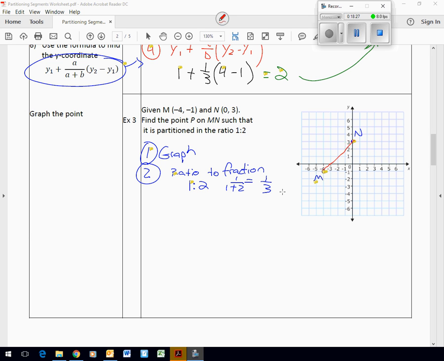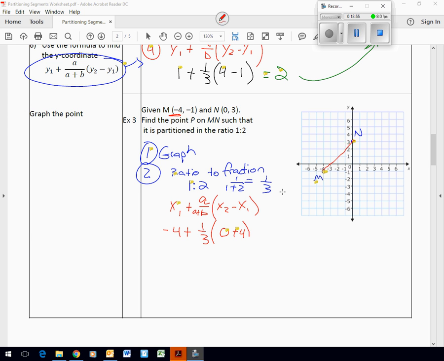Then I'll take the formula, x1 plus a over a plus b, times x2 minus x1. That's -4 plus 1/3 of 0 minus -4. What happens when I do 0 minus -4? Positive. 0 plus 4.